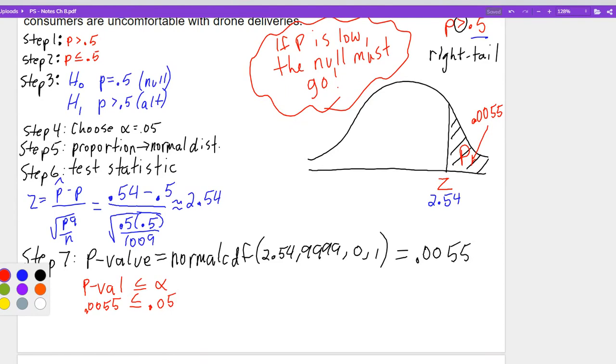That tells us if the p is low, the null must go. That tells us to reject the null hypothesis. We're rejecting the null hypothesis. And that's going to lead us to step 8, which is our conclusion.